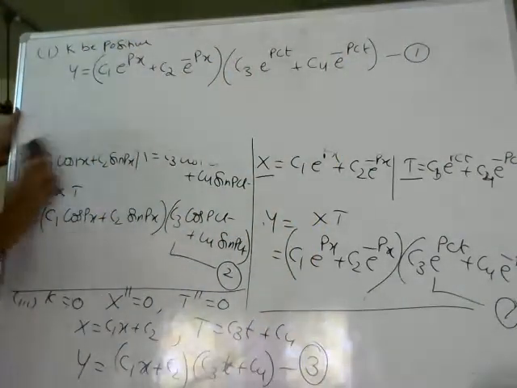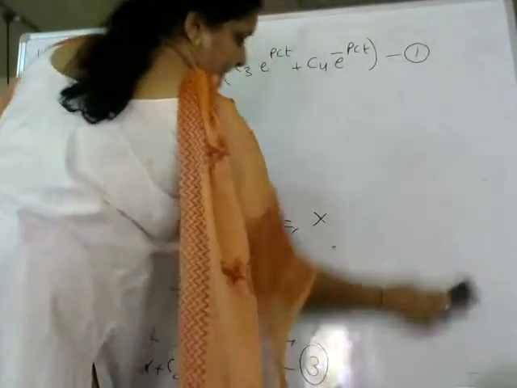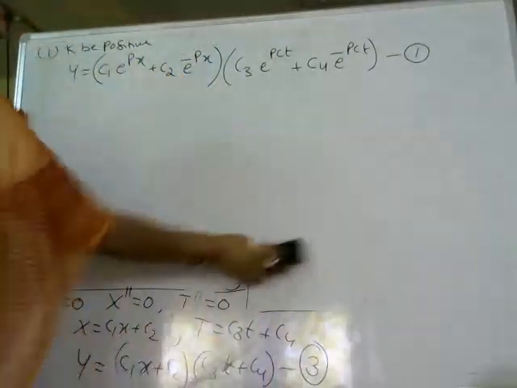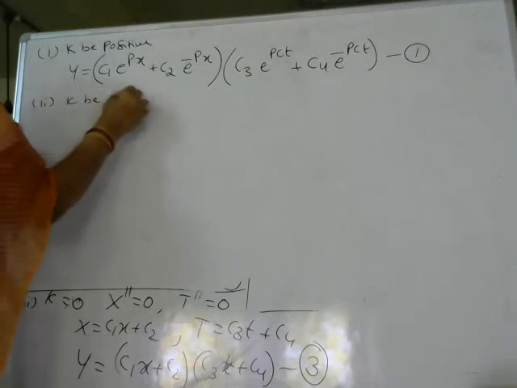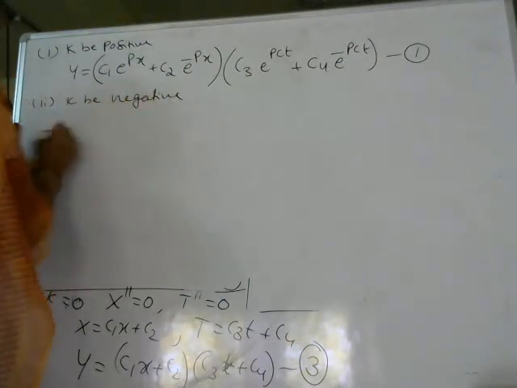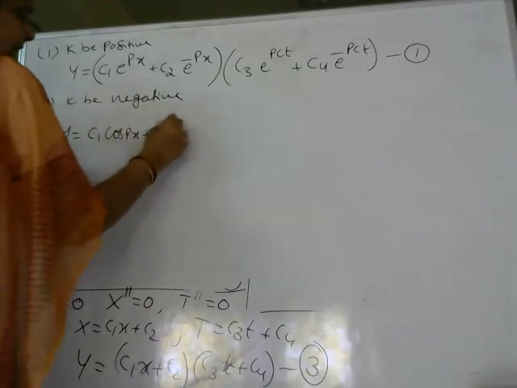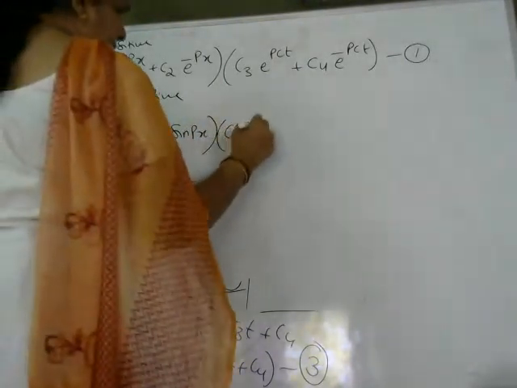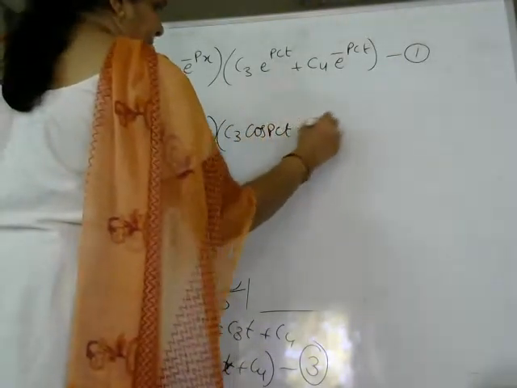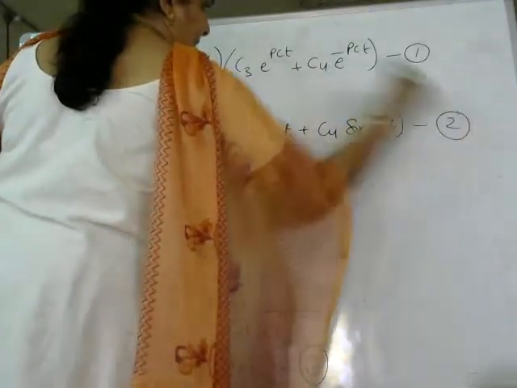This is the first equation we have. So what is the second case we have? K negative. If k is negative, what is the solution we are having? (C1 cos px plus C2 sin px) into (C3 cos pct plus C4 sin pct). Let this be the second solution.